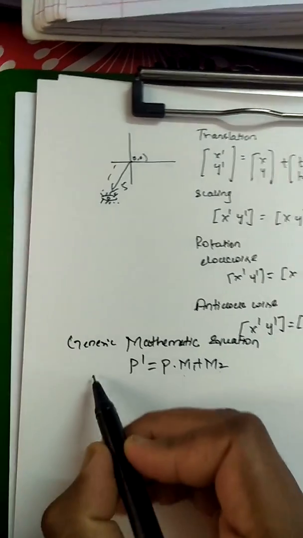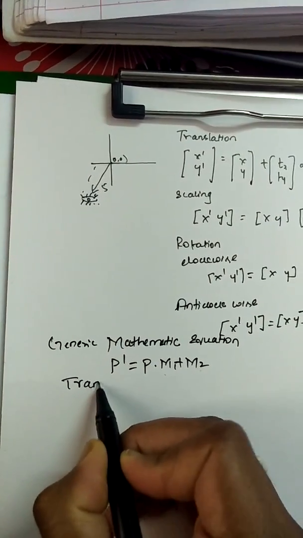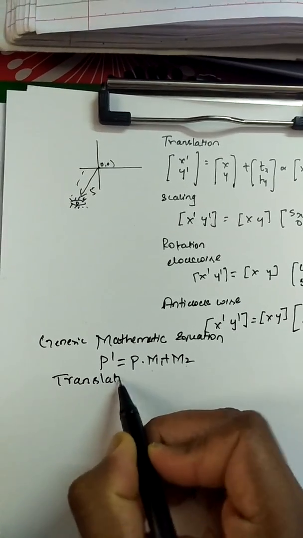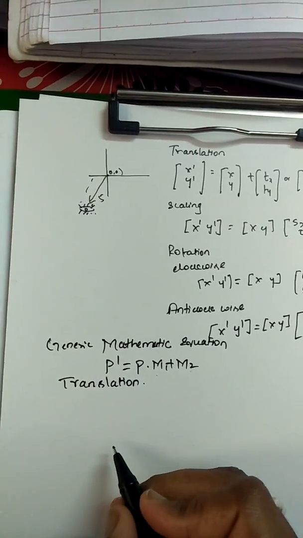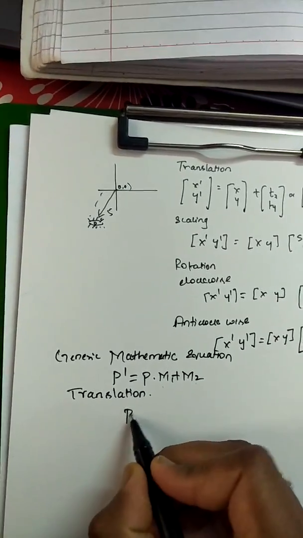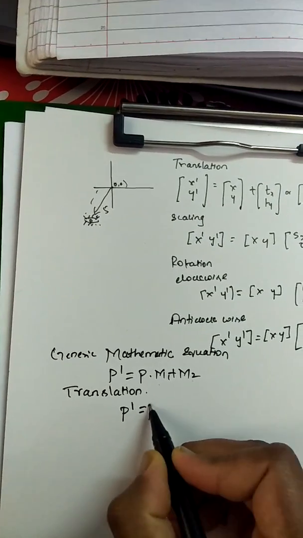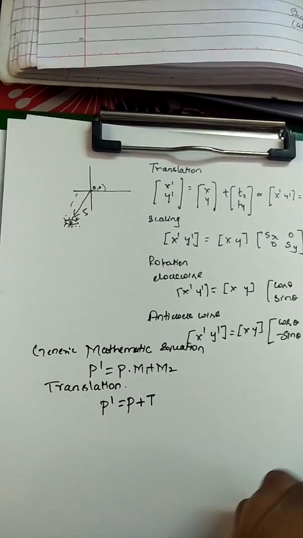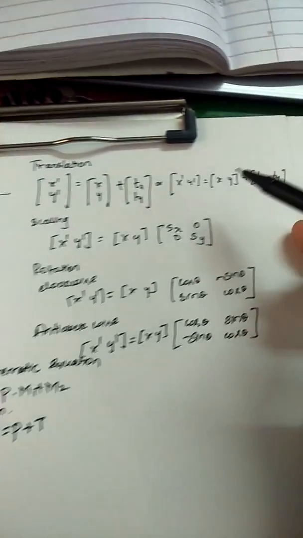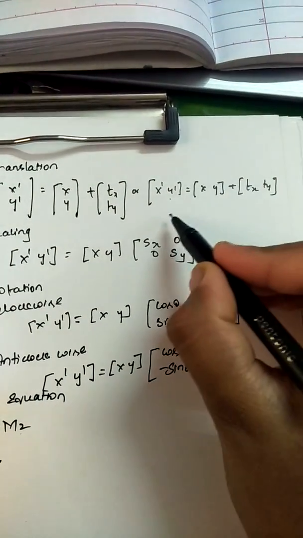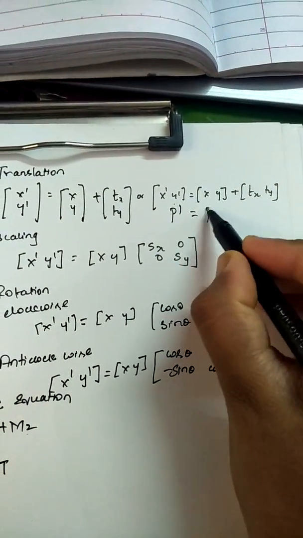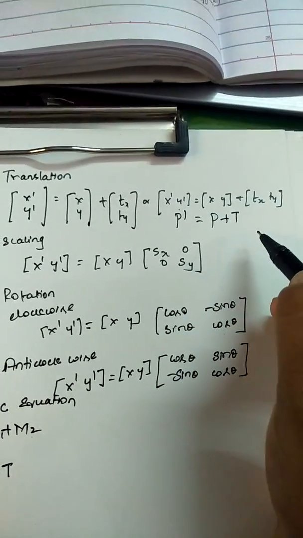Let's consider a translation. In translation, we need p dash is p plus t. This is how it looks, correct? P dash is nothing but p plus t.